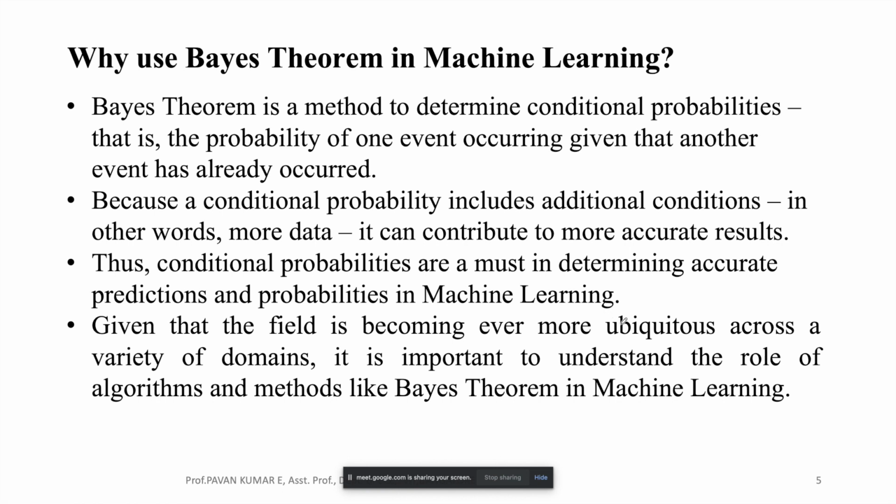The next question is why we use this in machine learning and why it is given so much importance. As I said, it determines conditional probabilities, that is, the probability of a particular event occurring.